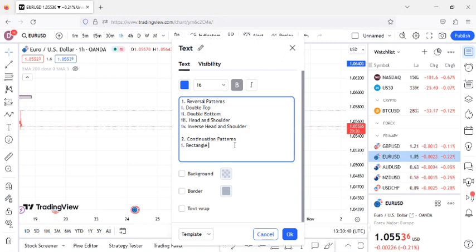We have many of them. We have channels, pennant, rectangle, and so on and so forth. But every other chart pattern depends on this.